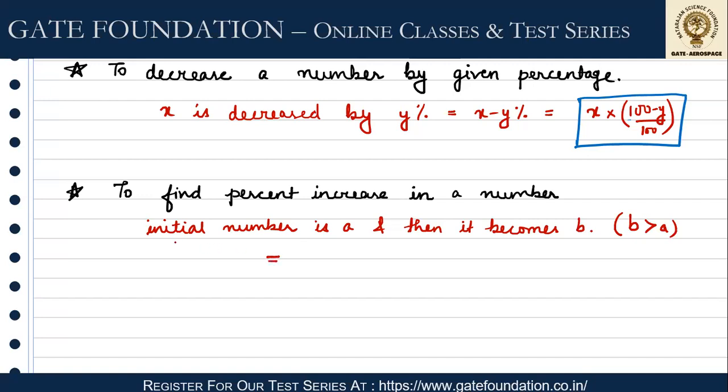So over here I need to find out percentage increase. So increase हो रहा है, in that case I'll subtract b minus a. This is the increase. Over here, the reference point to find out the percentage increase will be your initial number always. So you'll get (b minus a) into 100. That (b minus a) into 100. So this will be your percentage increase.